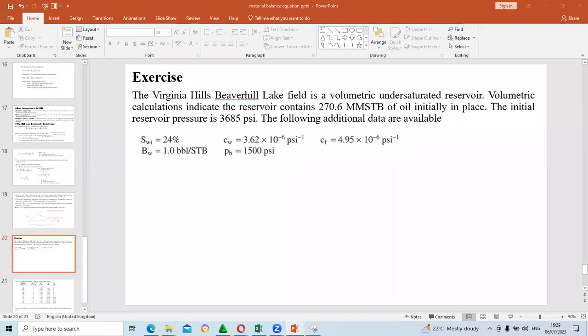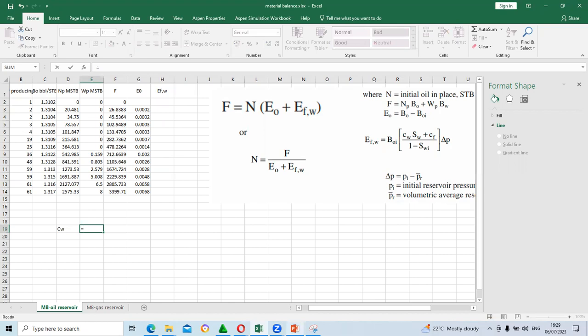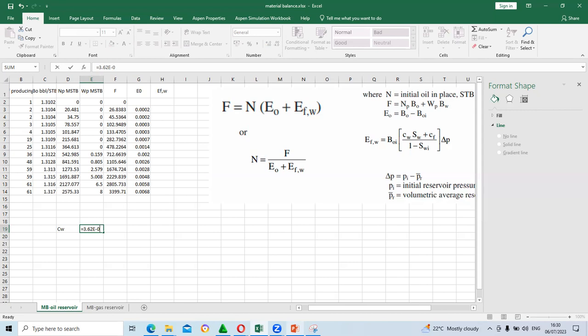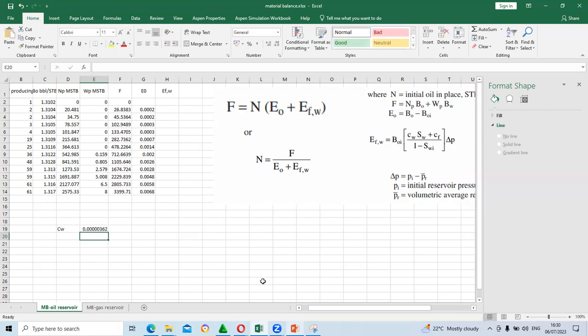We have 3.62E to the power negative 6, negative 0.6. All right, that's the value.